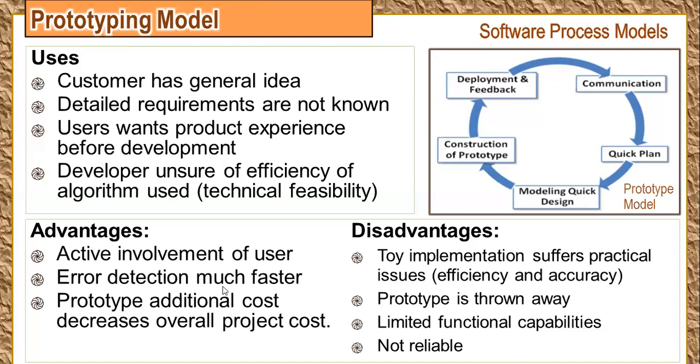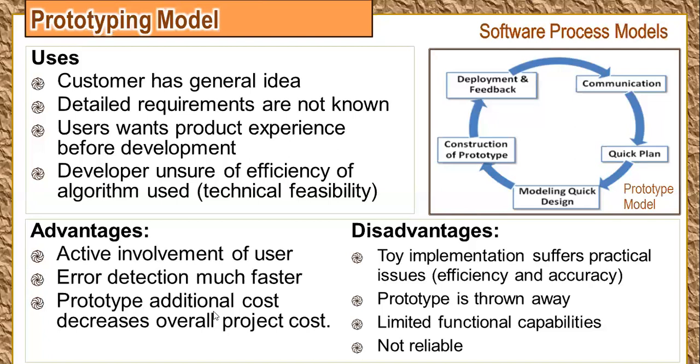Error detection is much faster. Of course, error detection will be faster because you are creating something called a prototype. This prototype is nothing but a dummy representation of what your software will look like. So if there is any error in the prototype, you can correct it in the final building.